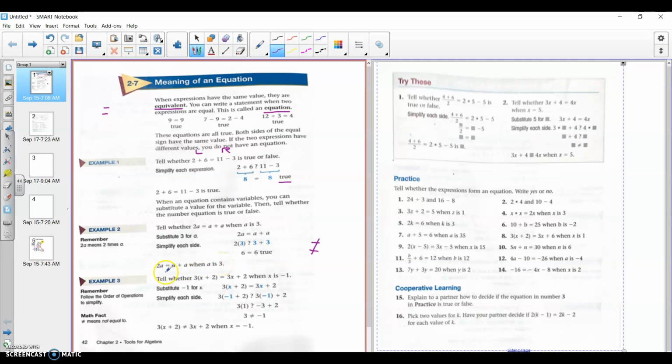Now, example number 3, tell whether 3 times (x plus 2) equals 3 times x plus 2 when x is -1. So, again, on the left side, you are going to put a -1 for this x, and on the right side, you are going to put a -1 in for that x. And the difference being you have parentheses on the left side, on the right side, you don't.